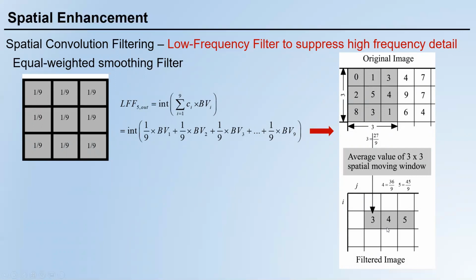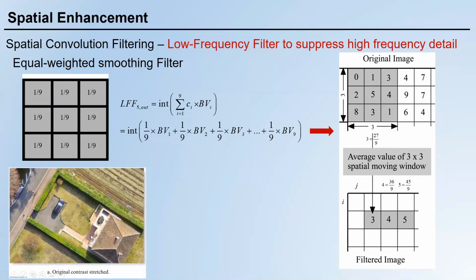Conveniently, it's 4 again, but that's just a coincidence. And you can do this repeatedly for the next pixel, and so on. After the first row of filtering, you come back to the very left and do the next row.